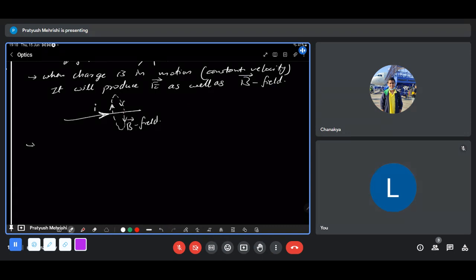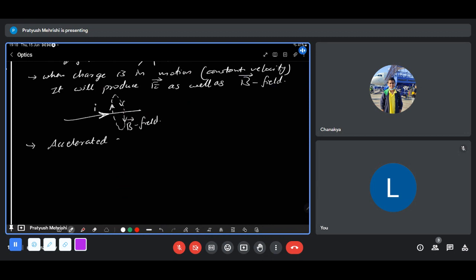And whenever the charge is accelerated, what will happen? An accelerated charge will produce electromagnetic waves. See, this charge was here. This charge was producing electric field like this.